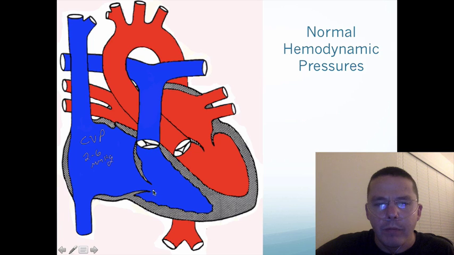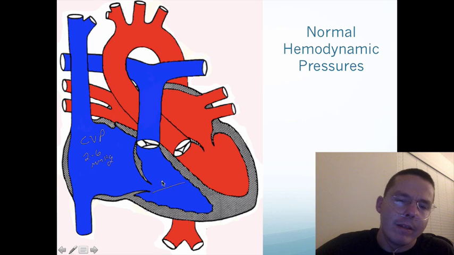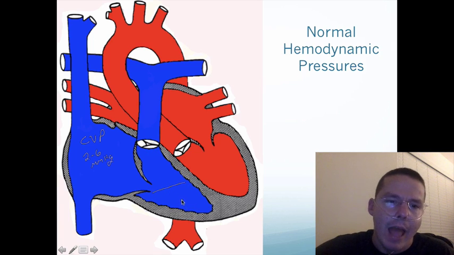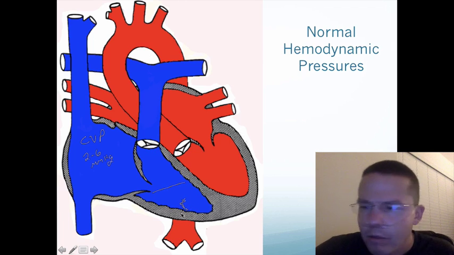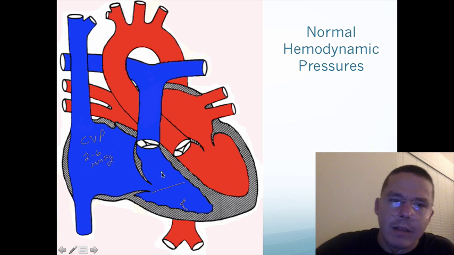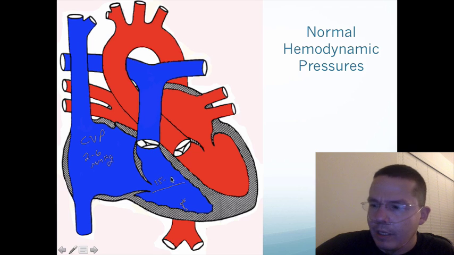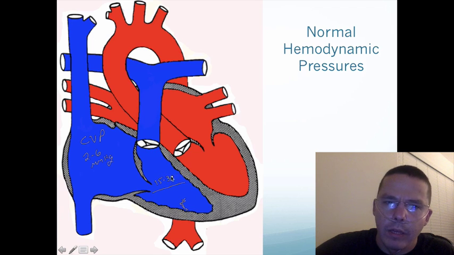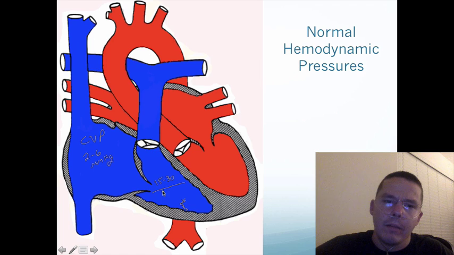Now the right ventricle does pump, so we have a systolic and a diastolic pressure, and then there's going to be a mean pressure, but we won't really look at it just because it's not super relevant to life as we know it. So the normal systolic pressure is going to be anywhere between 15 and 30. The diastolic pressure is going to be anywhere between 0 and 6.